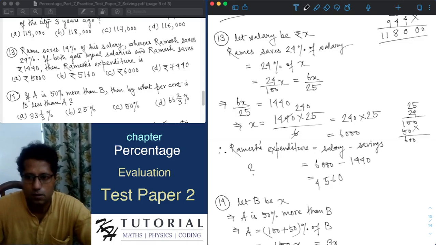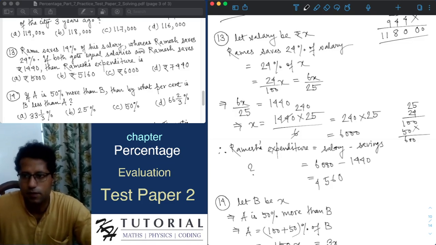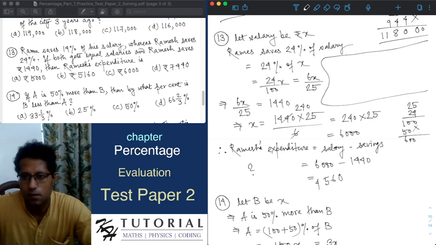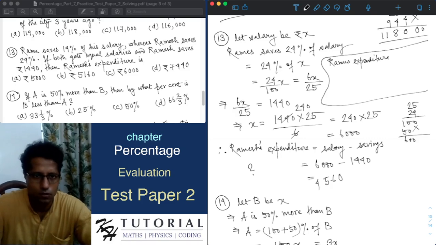Okay, Ramu's expenditure. Where did I write? So it's right here. Ramu's expenditure. It is given that Ramu saves 14% of his salary.